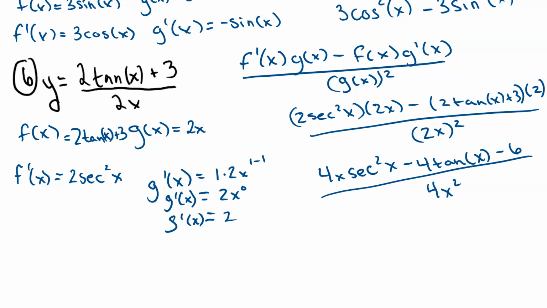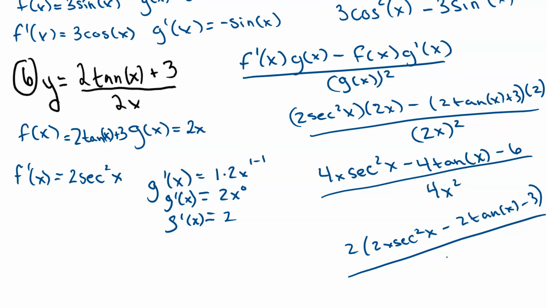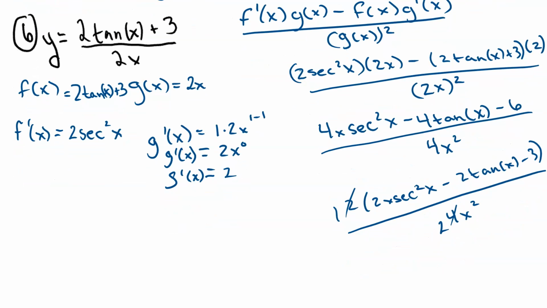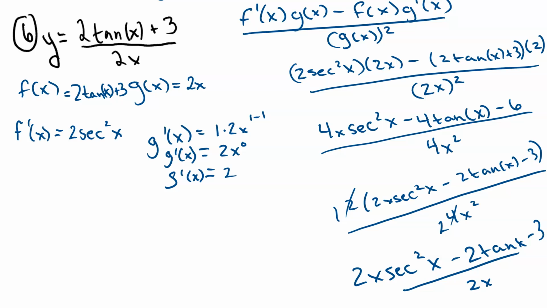All right, you'll notice the common factor in the numerator is 2. And then we've got 2, and that simplifies with the 4, right? That's a 1, and this is a 2. So our final answer is 2x secant squared x minus 2 tan x minus 3 divided by 2x squared.